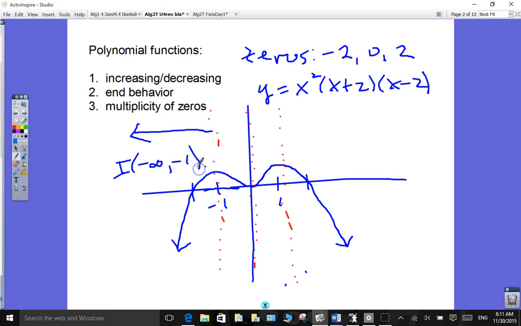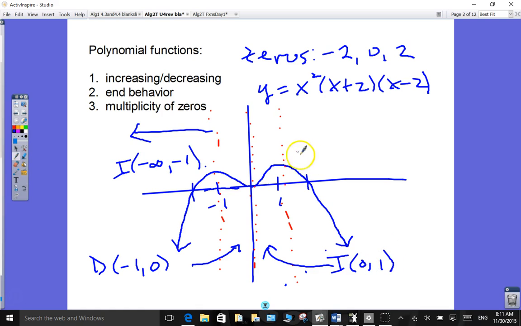We're estimating -1. Okay, what is this interval here where it's decreasing? From -1 to 0. And then what is this interval of increasing? 0 to 1. And then what is this interval of decreasing? It starts at 1 and goes to infinity.